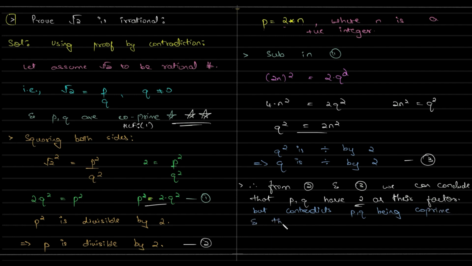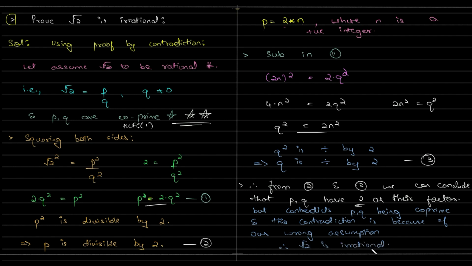And this contradiction is because of our wrong assumption. Therefore, root 2 is irrational.